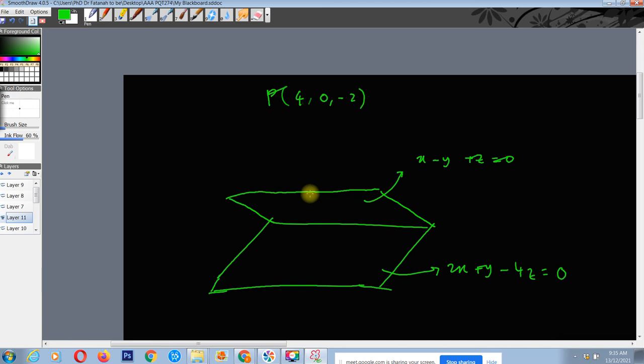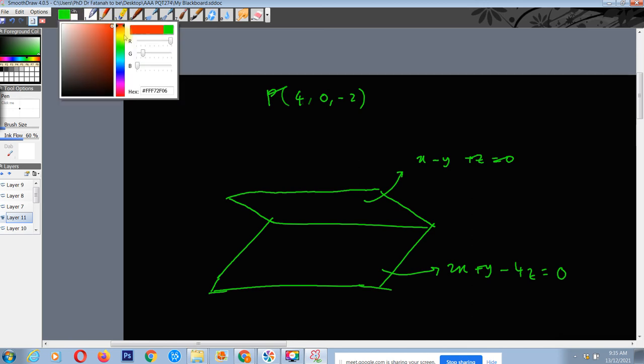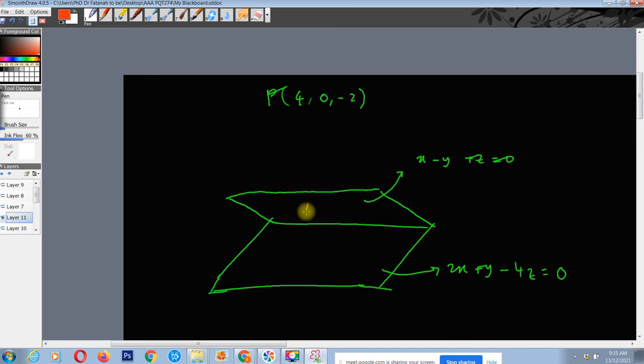Okay. So now in this plane, he said to find the equation of the plane that is perpendicular to this plane. So we have these two lines. This is a normal, the normal N1 for this plane.